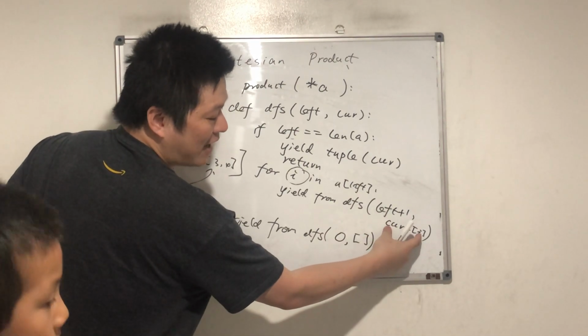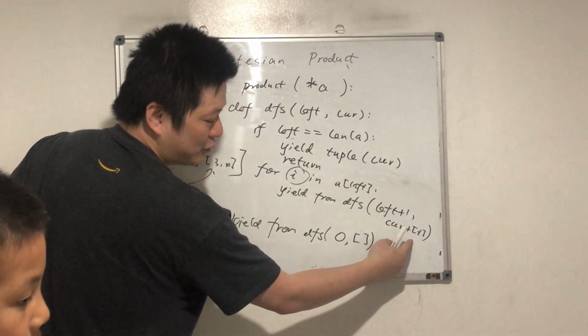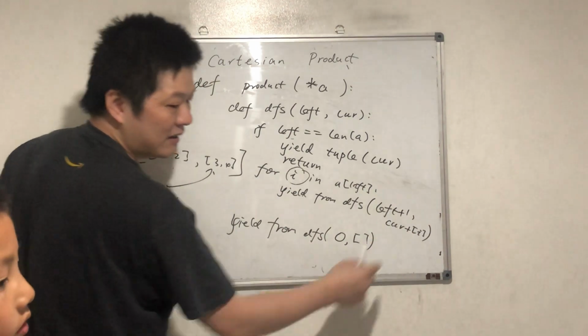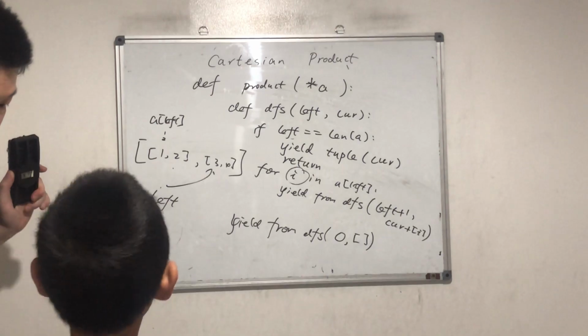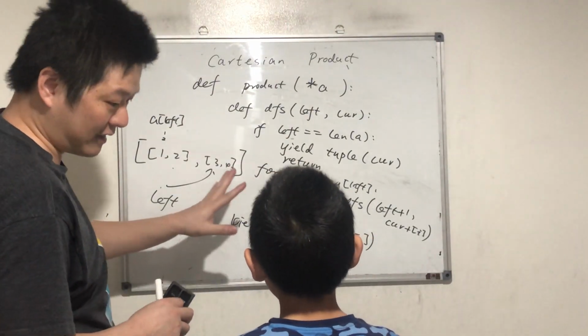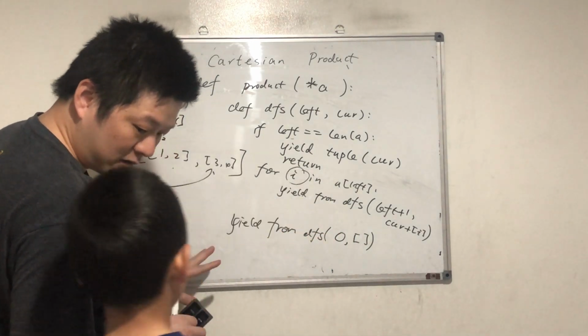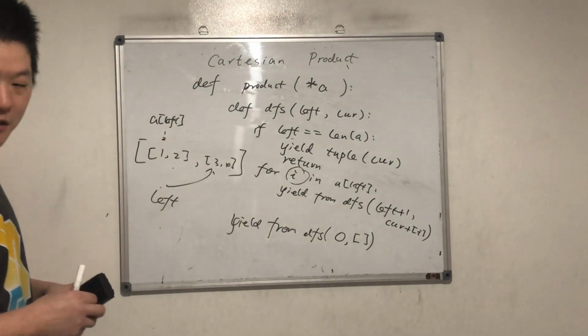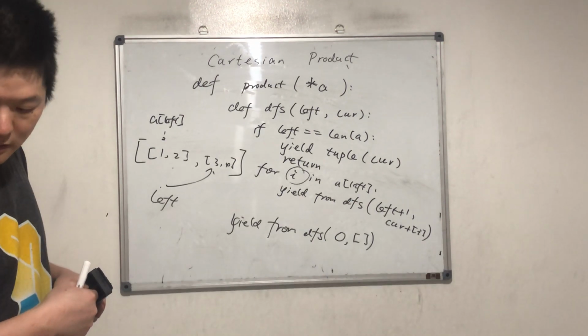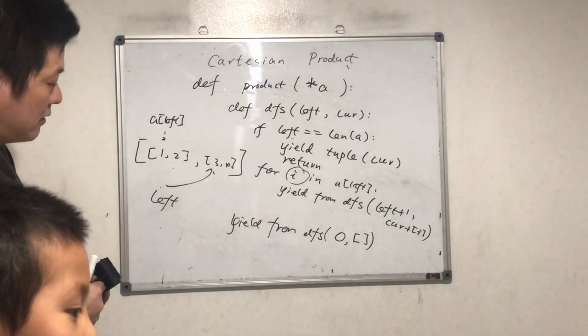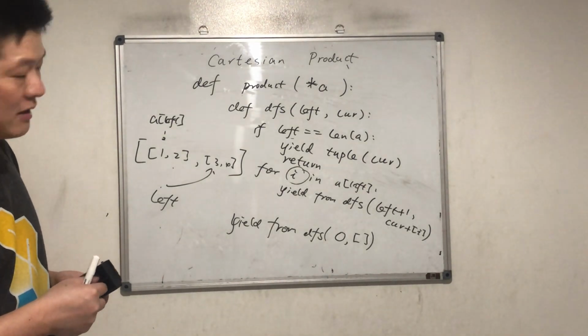And I recorded the current options, which is plus I. Got it? Yeah, this is a bit difficult, but that's okay. You understand? Does it make sense? Which bit you don't understand? It's fine.